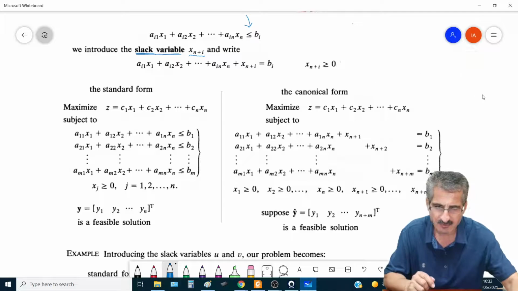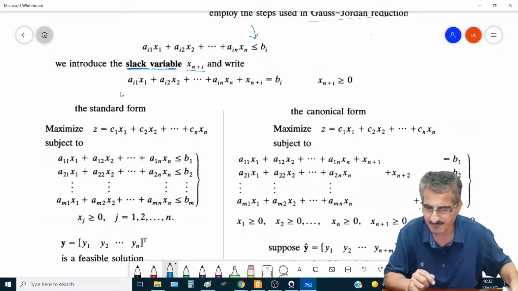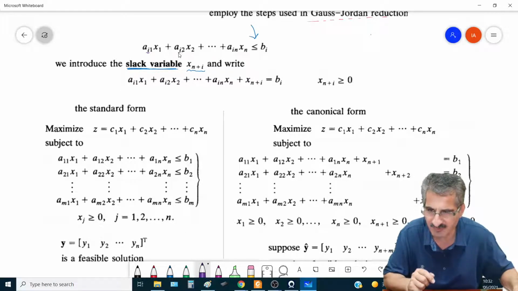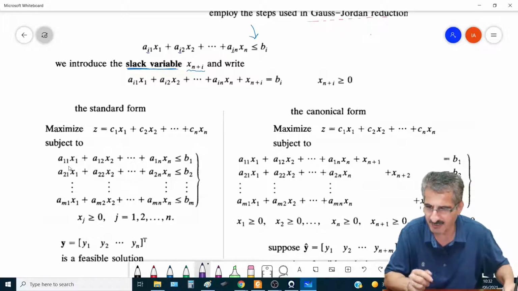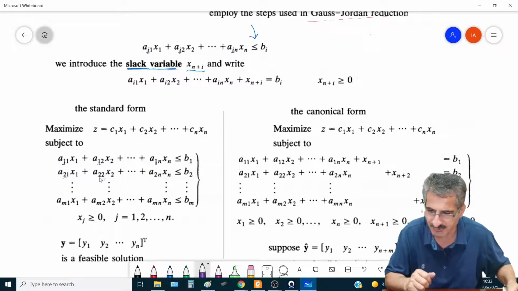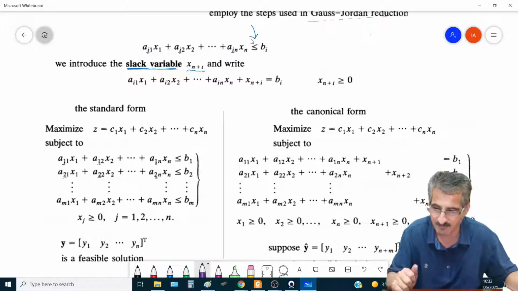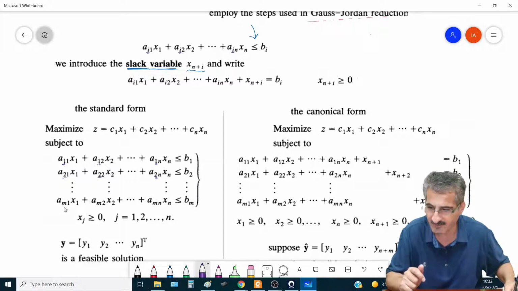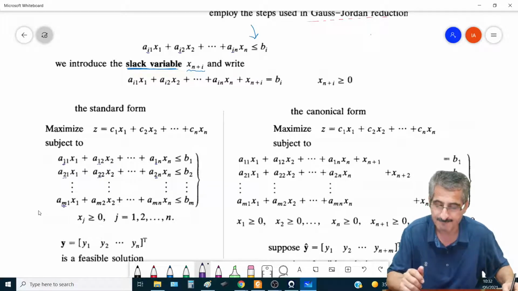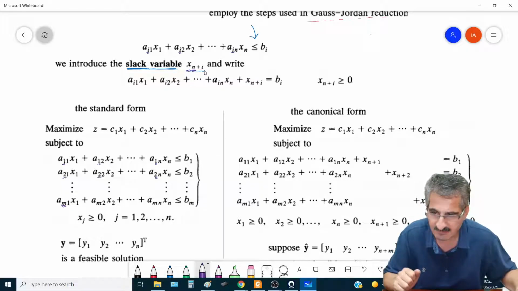Because in this constraint, if you notice, changing the i to 1 gives you the first constraint, changing i to 2 gives you the second constraint, and so on. This happens for all i from 1 to m, so we have m constraints. So we will add x_{n+i}.